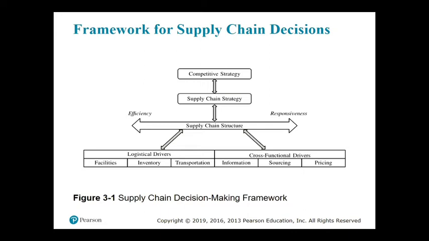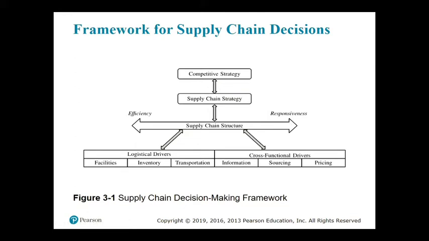So generally, most companies will begin from top and going down. We will start with a competitive strategy and then decide what the supply chain strategy should be, which will specify where the supply chain would fall in the efficiency and responsive spectrum.